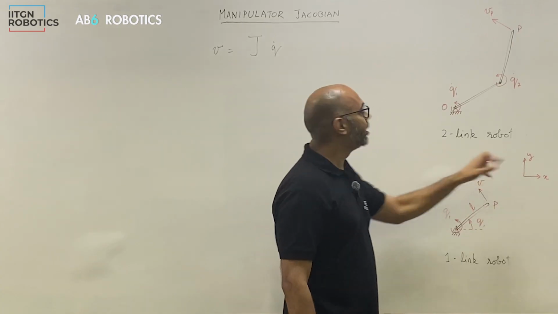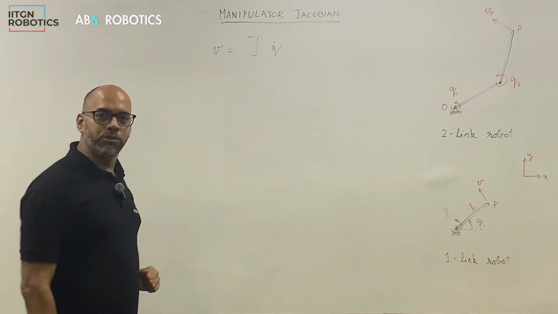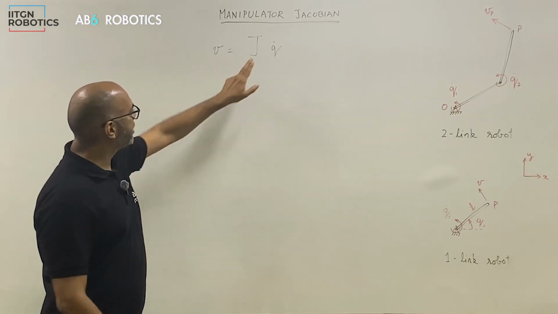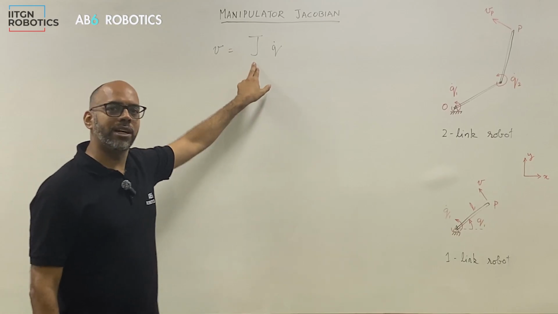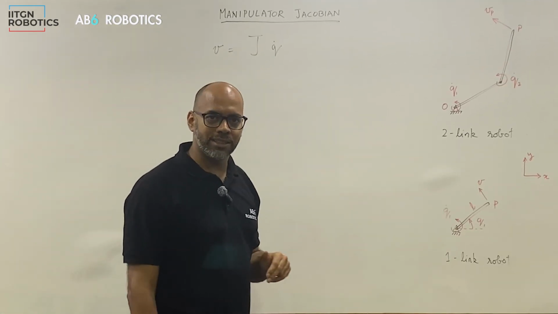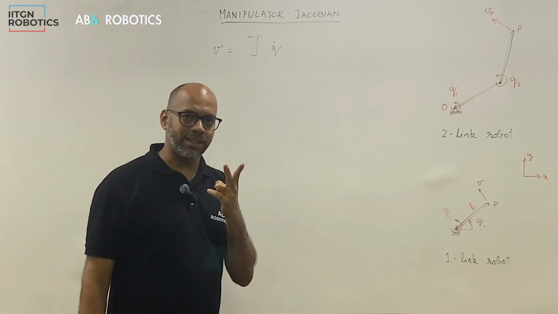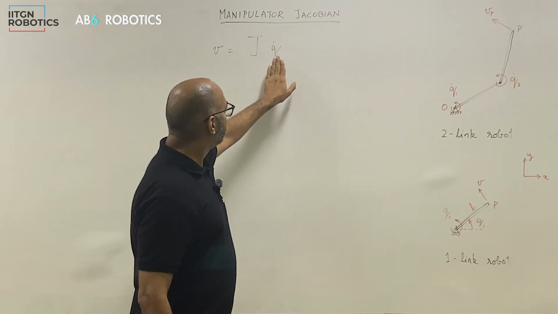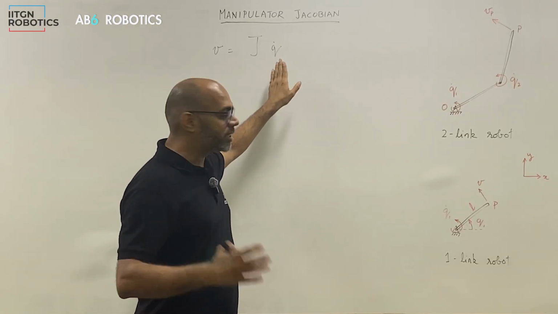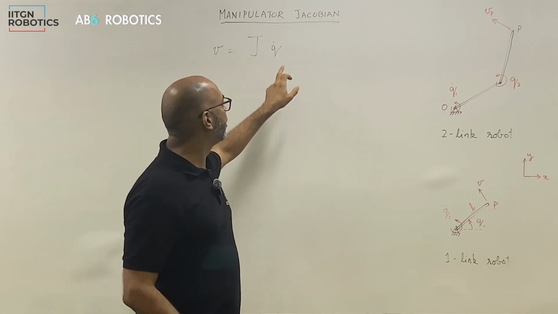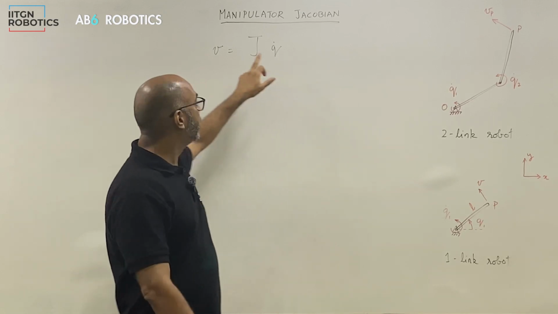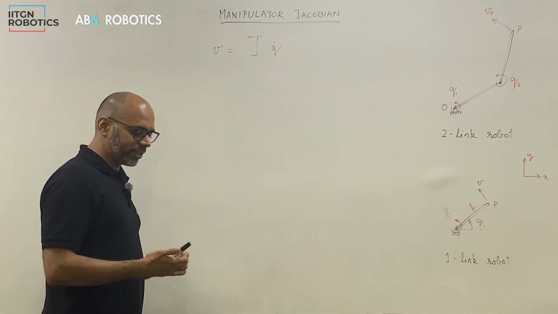So this is also a two-dimensional vector. So this Jacobian becomes a matrix, and in this example it's a 2 by 2 matrix that relates the angular velocities at the joints to the end effector velocities.